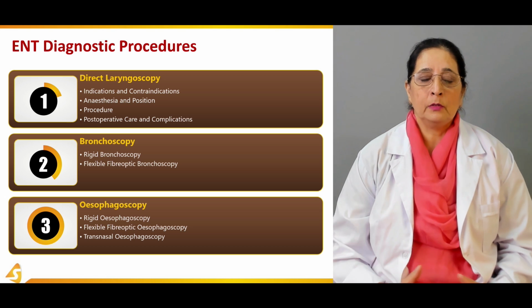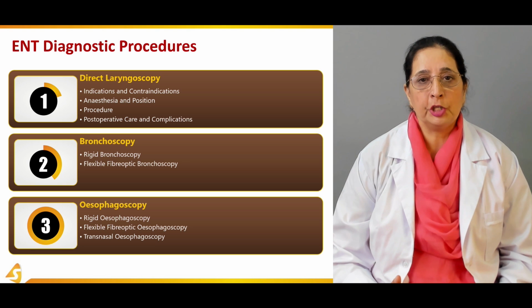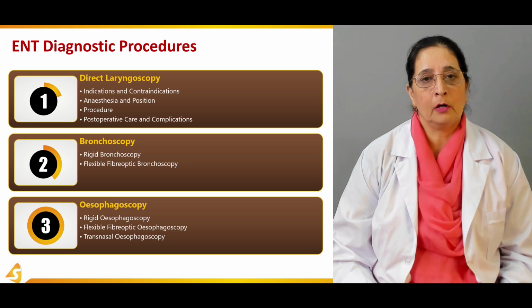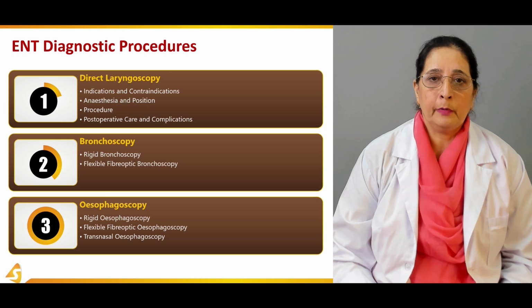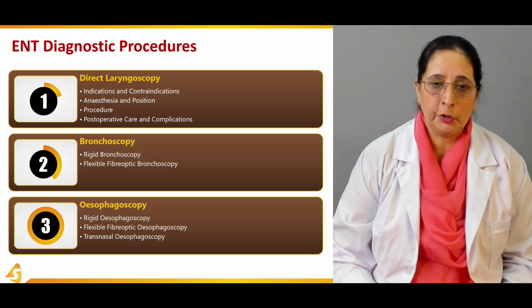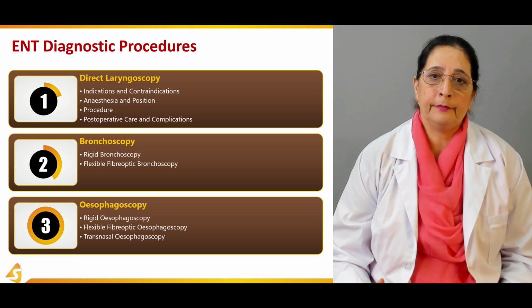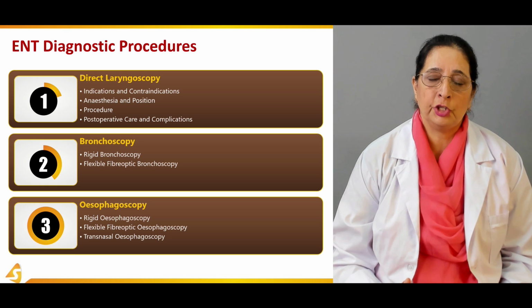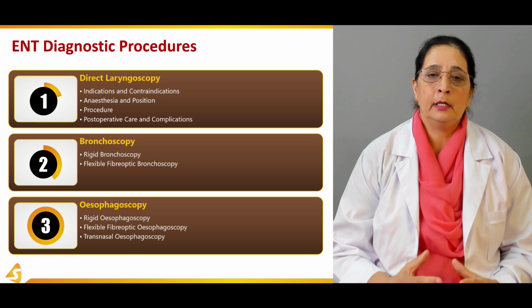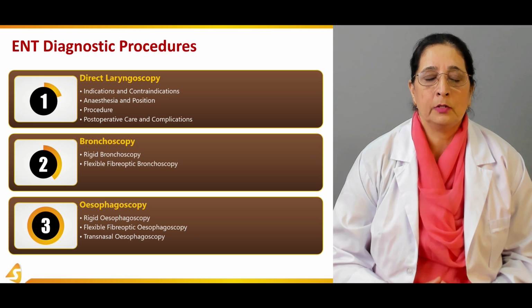Then we will also discuss the position of the patient during laryngoscopy and what type of anesthesia should be used. And then the procedure and post-operative care and complications we will be discussing in this section also.